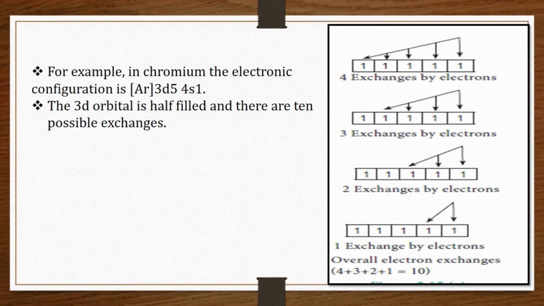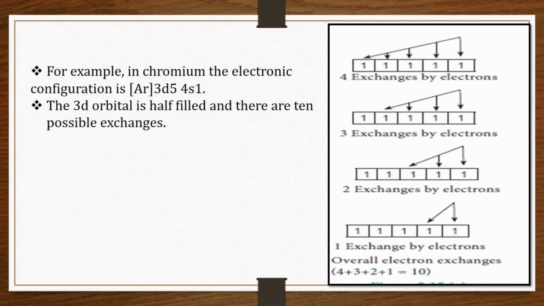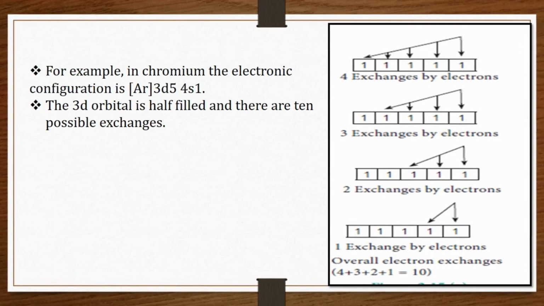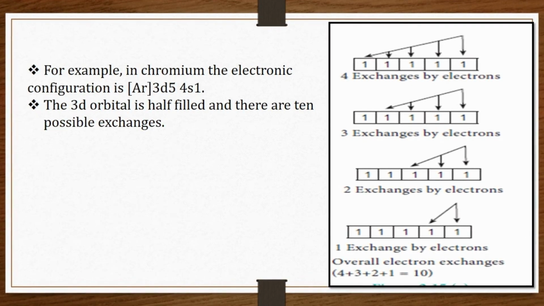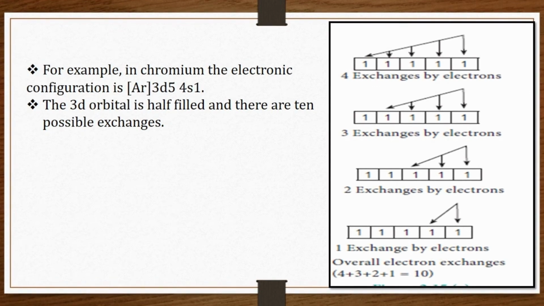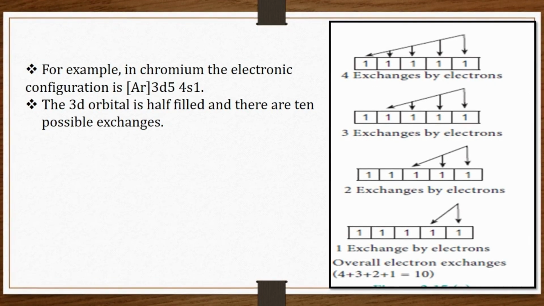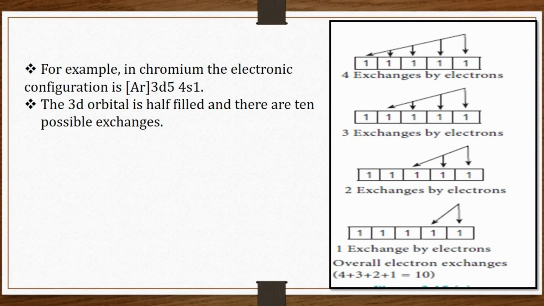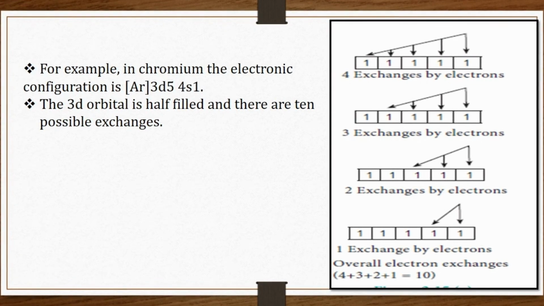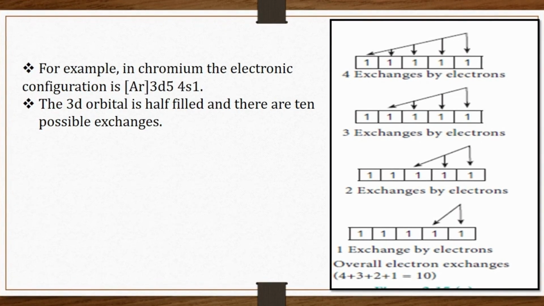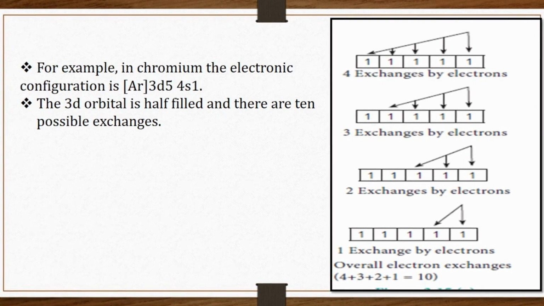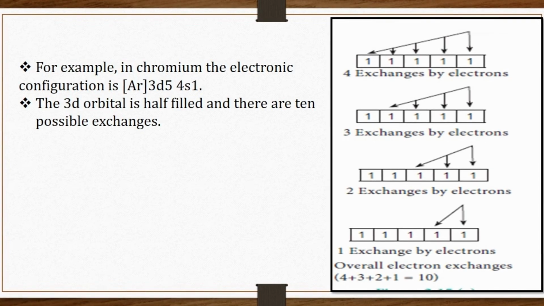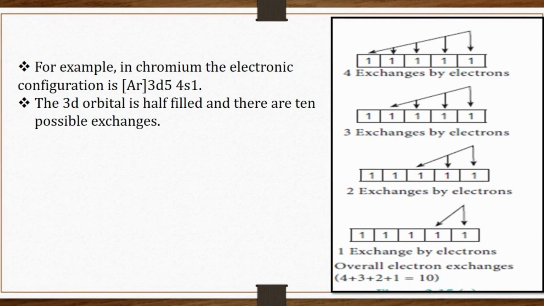Here in chromium, if one electron from the 4s subshell jumps into the 3d subshell, we get a half-filled configuration. So the correct electronic configuration of chromium is 1s2, 2s2, 2p6, 3s2, 3p6, 4s1, 3d5. This configuration has more symmetry and maximum possible exchange energy.